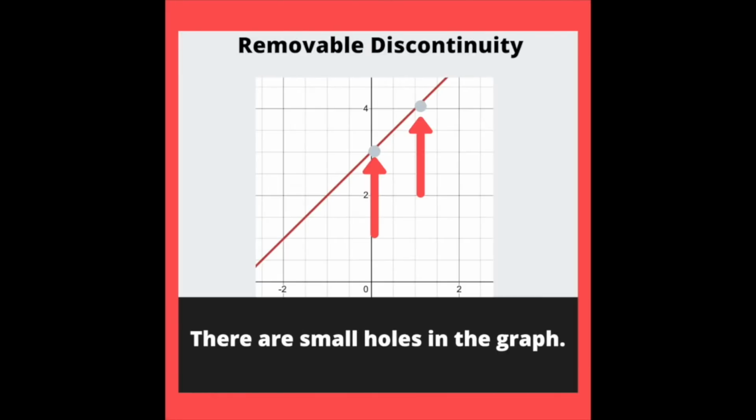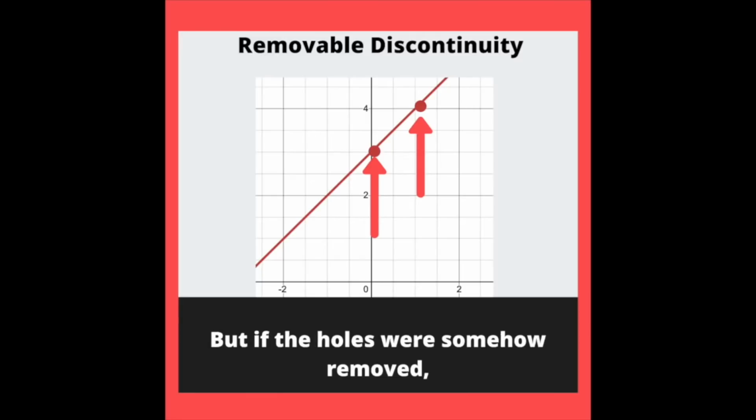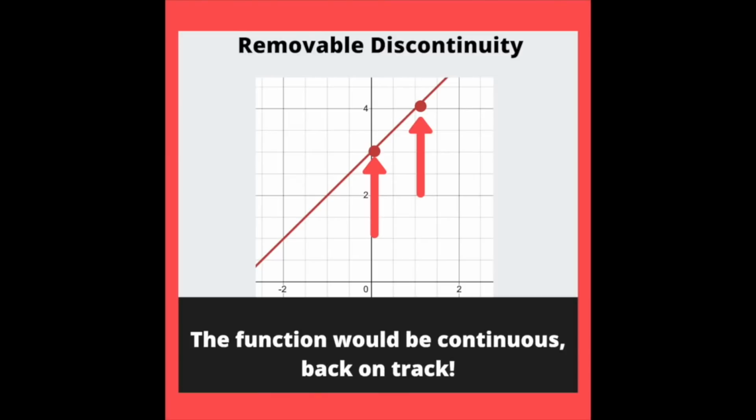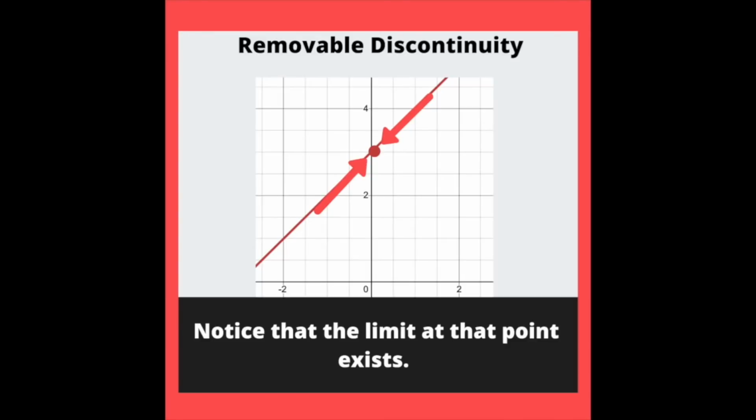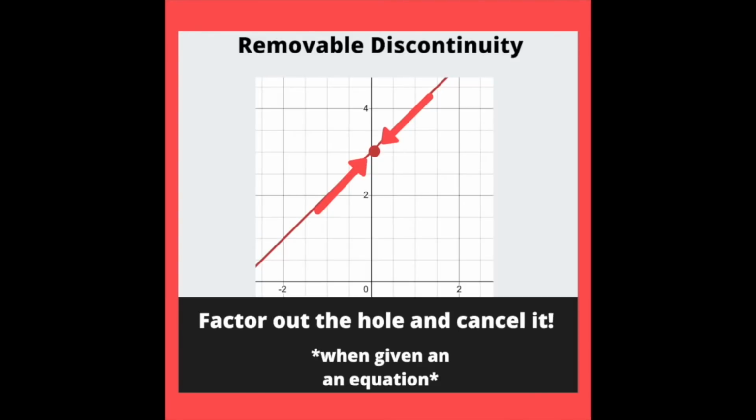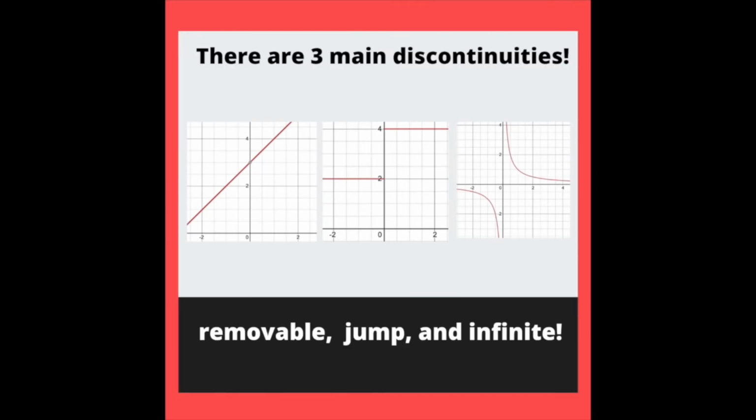There are small holes in the graph, but if that hole were somehow removed, the function would be continuous, back on track. Notice that the limit at that point exists. Factor out the hole and cancel it.